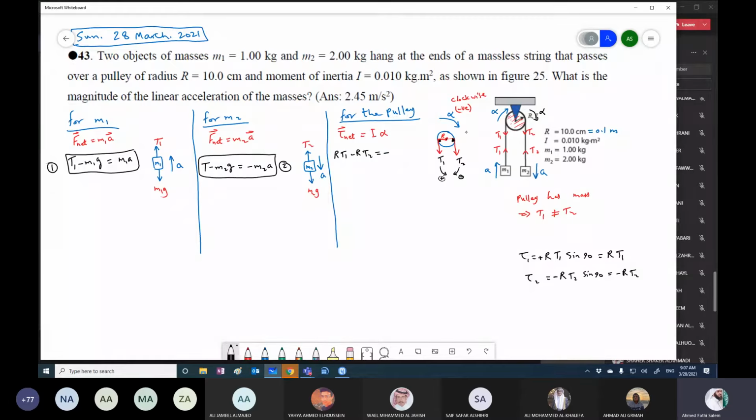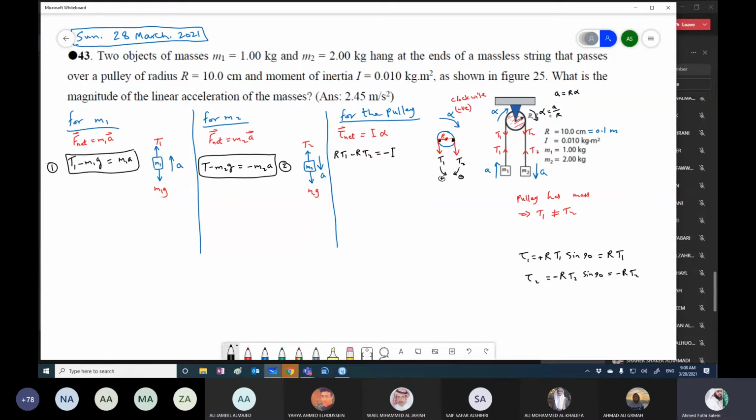Why minus? Because the acceleration is clockwise. But what is the relationship between alpha and A? We know that A equals R alpha, so alpha equals A over R.